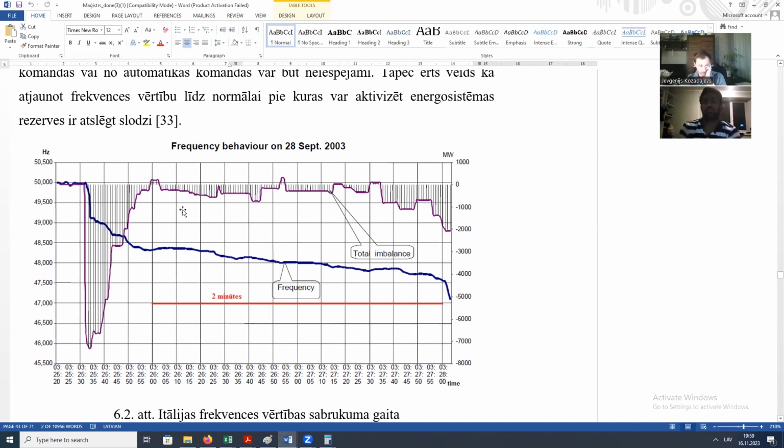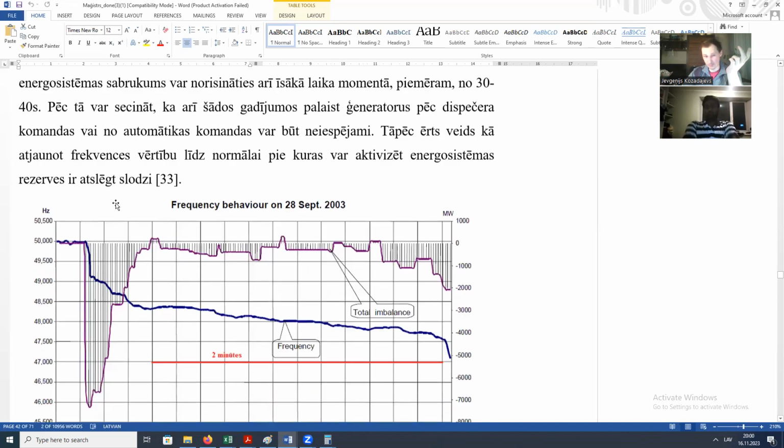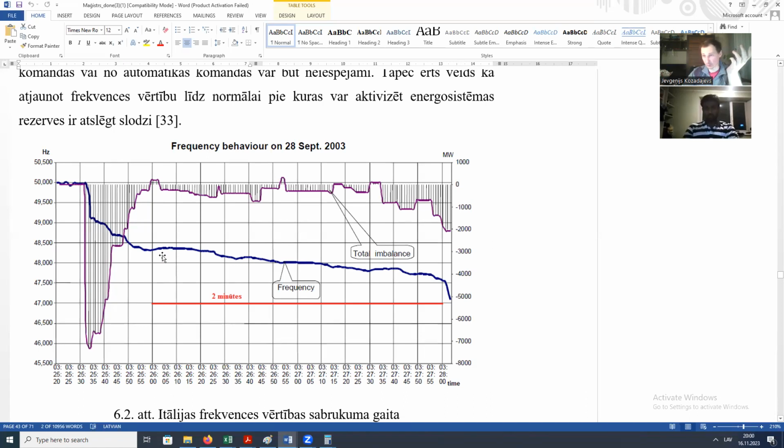But due to the specifics of this automation in Italy, as I said, increasing the frequency is a task for a system operator, for a human. And you understand, it was 3 o'clock, it was night. People were in stress from this horrible situation, and they just didn't have enough time to make decisions, to make calls, to disconnect consumers with an idea to increase the frequency.